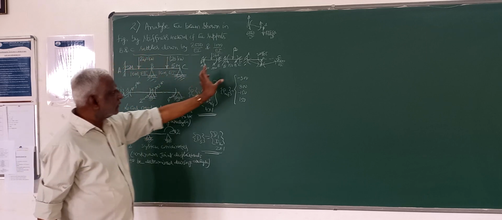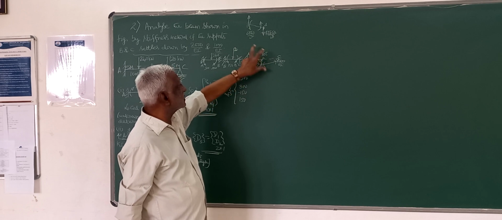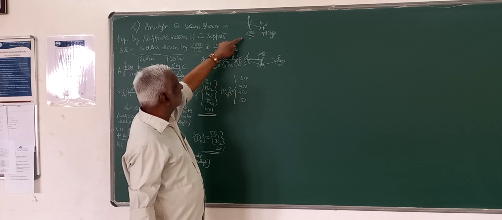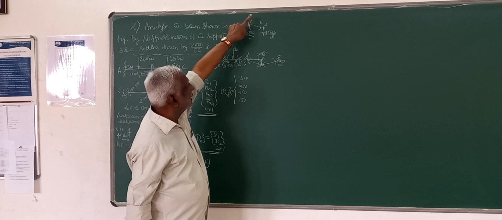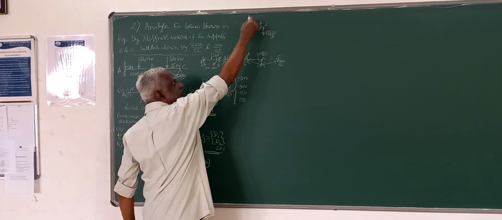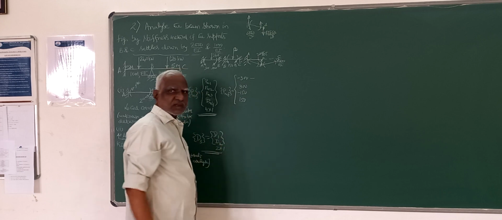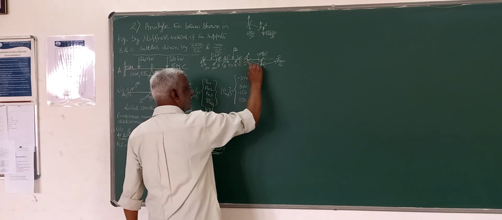So for member AB, the settlement delta is 2000 by EI. The moment is generated along coordinate 1, in the anti-clockwise direction, so this is minus; I have to take it with respect to this coordinate 1.